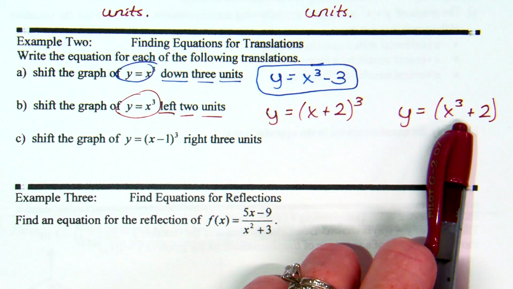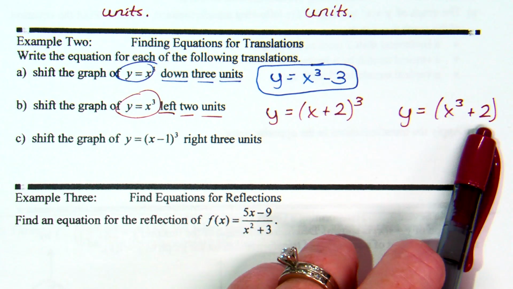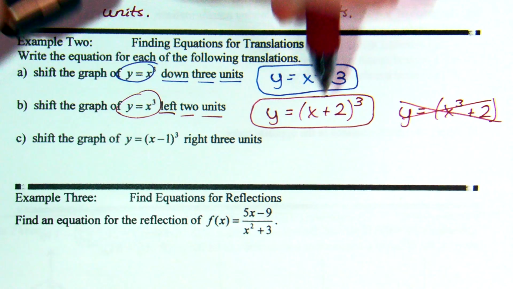Okay. What if I drop the parentheses off here? It's the same thing, you just go up 2. X cubed plus 2 is still the same thing. Is this 2 truly with the x? And it's not. What we wrote right here is an up 2. Okay? This is our correct version.